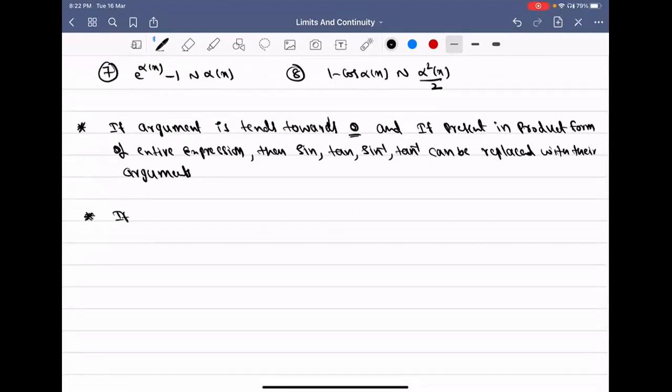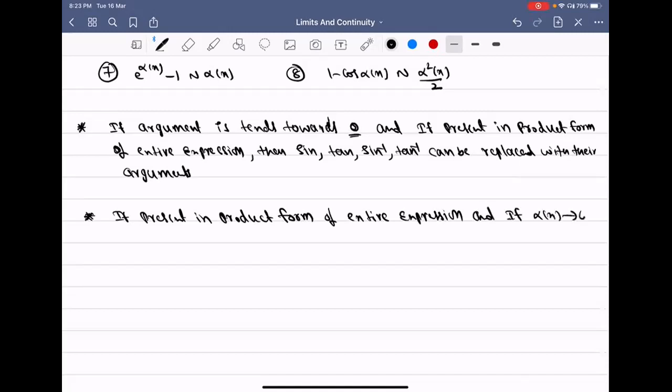If present in product form of the entire expression, and if alpha x tends to 0, then 1 minus cos alpha x can be replaced with what?